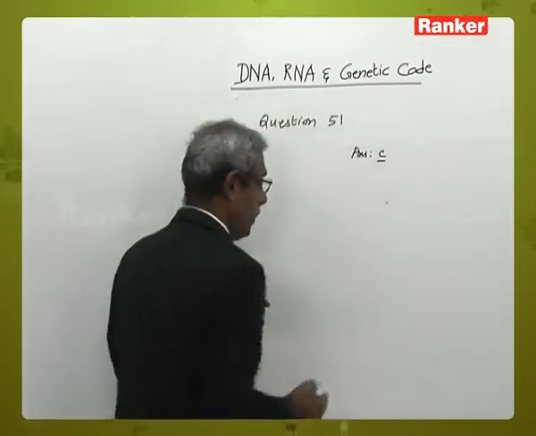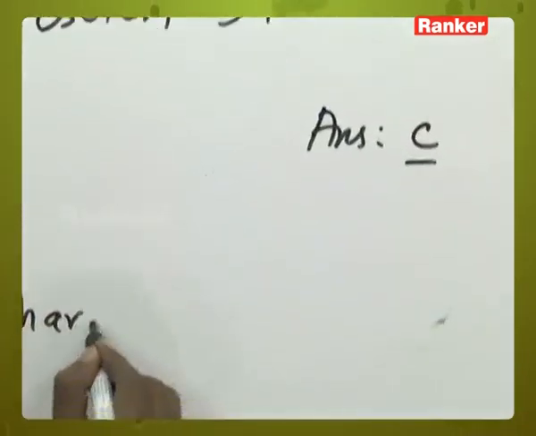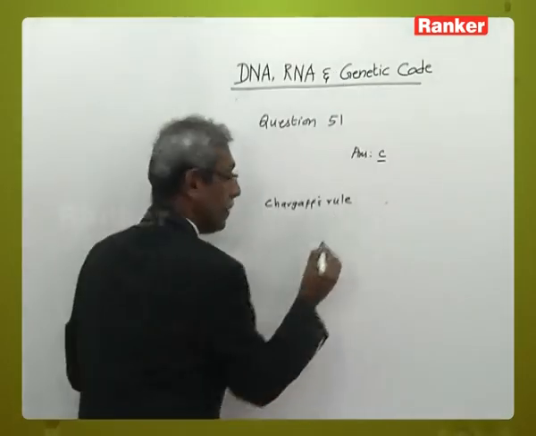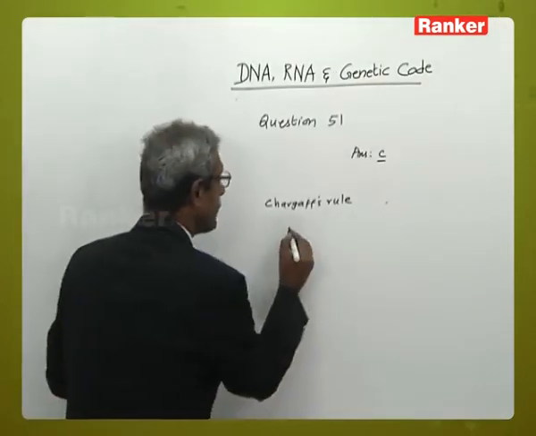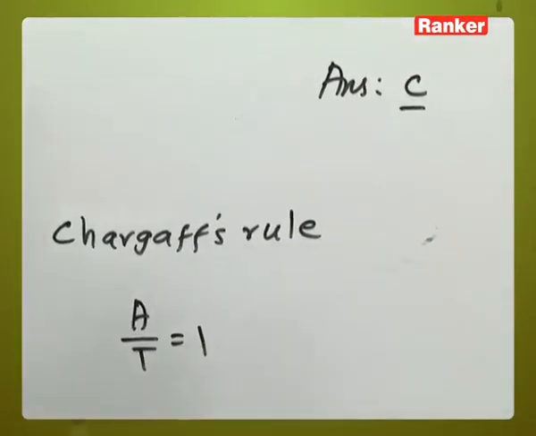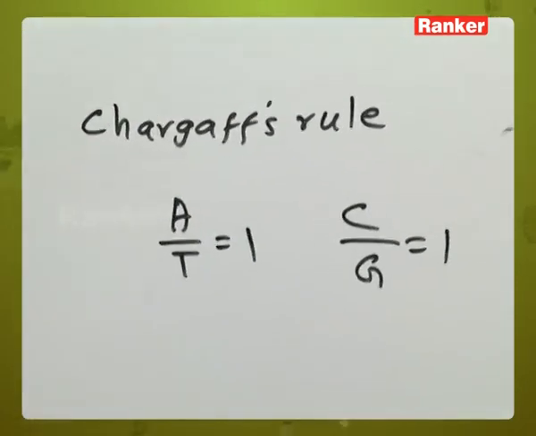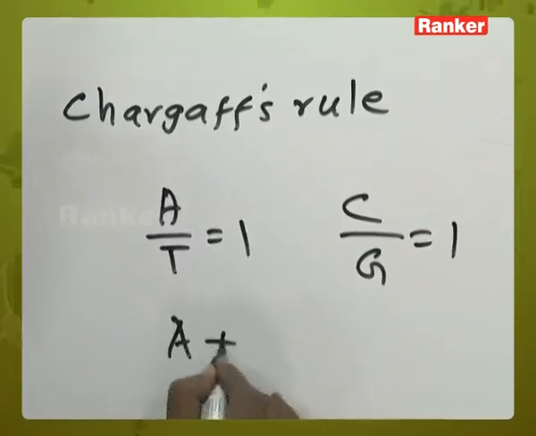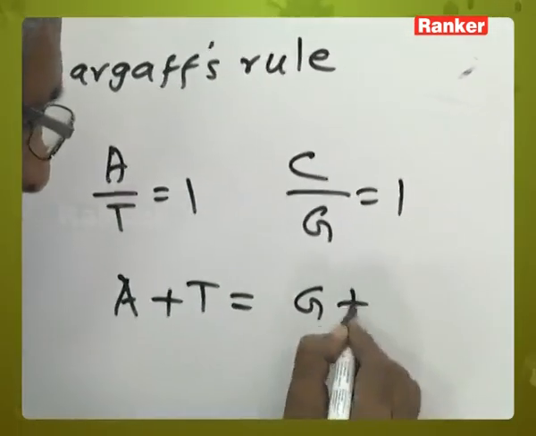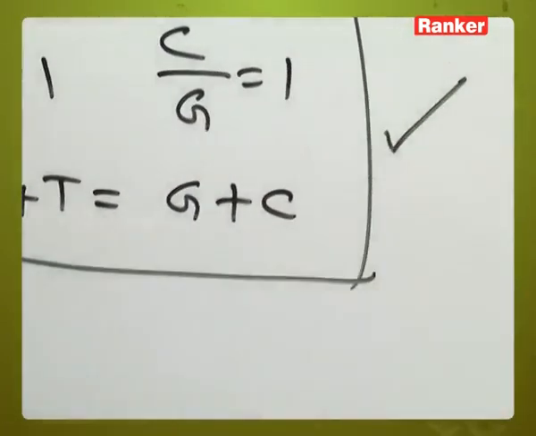Now it is very important that whenever we are looking at Chargaff's rule of base equivalence, the three choices, A by T is equal to 1, as well as C by G is equal to 1, and again A plus T is equal to G plus C. Now all these three are right.